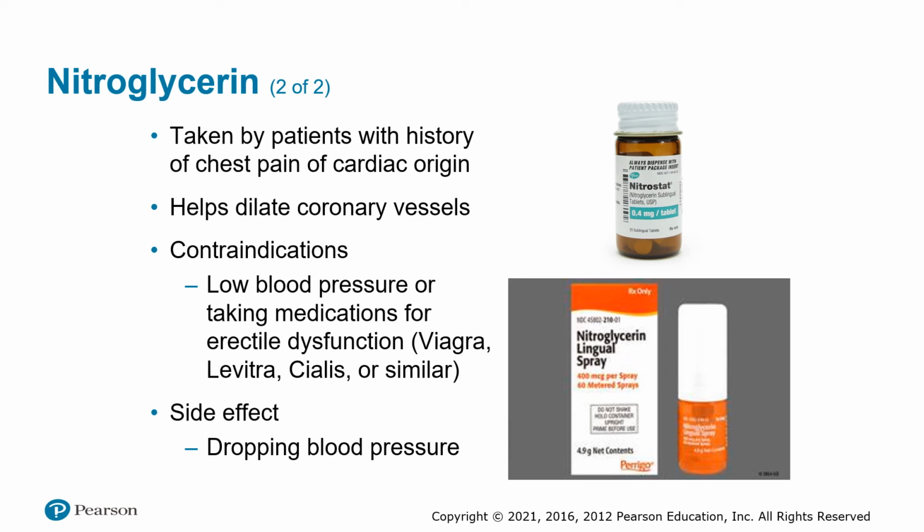I'd rather have that IV started. And then a side effect is that dropping blood pressure. So if you've got a patient whose blood pressure is 90 systolic and you give them nitro, depending on what it's going to do to the body, it could drop it into the 70s or 60s, and then you've got a real problem.